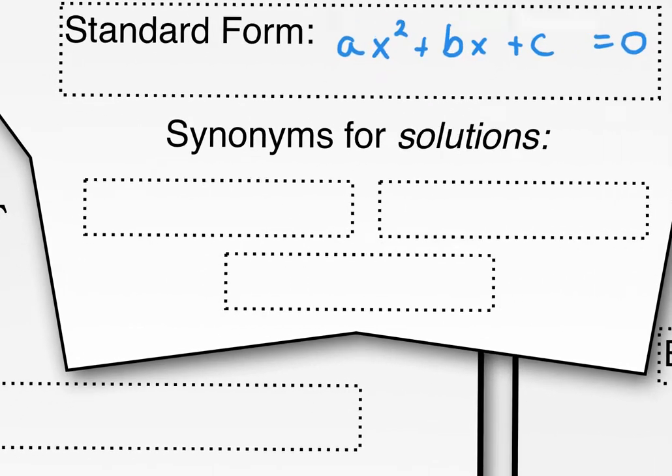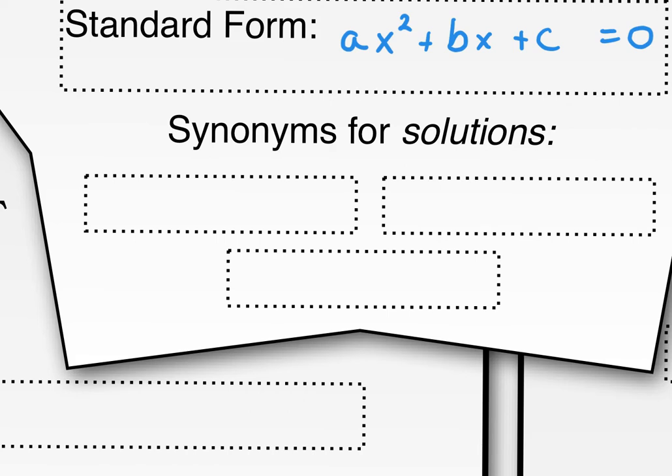Now, in one of your previous notes, we actually talked about three other synonyms, or very close to synonyms, for the word solution. For example, if they say, solve this quadratic, they could also say it in a couple different ways. One of them starts with an R, one of them starts with a Y, and one of them starts with a Z. So the first one is called roots.